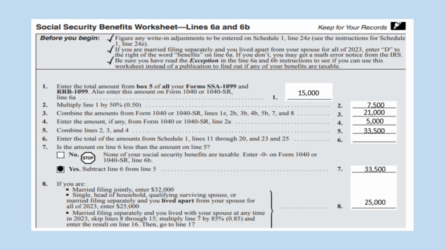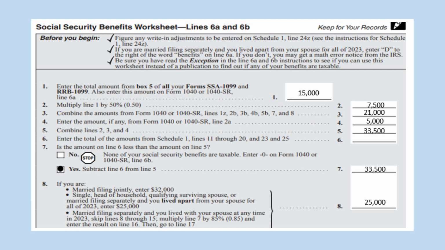On line 3, combine your income amounts to arrive at $21,000. On line 4, enter the amount from line 2A of your return, which is $5,000.